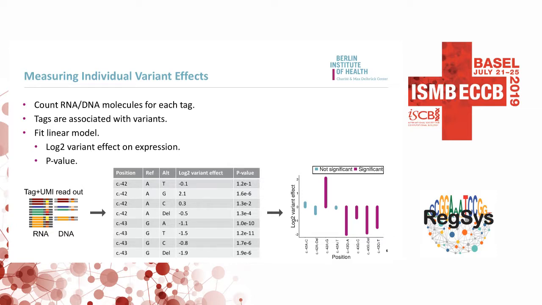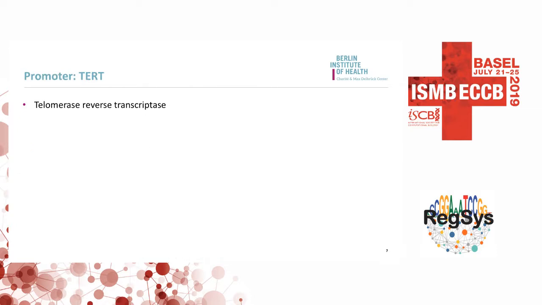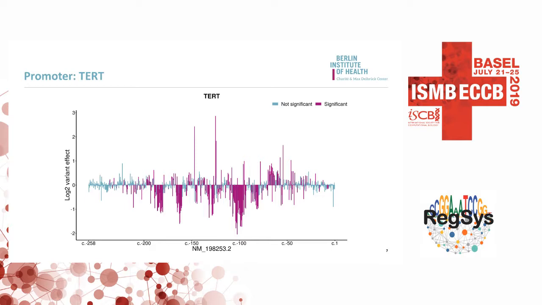All right, I'll show you one example, and the example is TERT. This is the telomerase reverse transcriptase, and it is a really important gene because it elongates the telomeres so that the cell can keep dividing. This is an expression profile of how it looks.